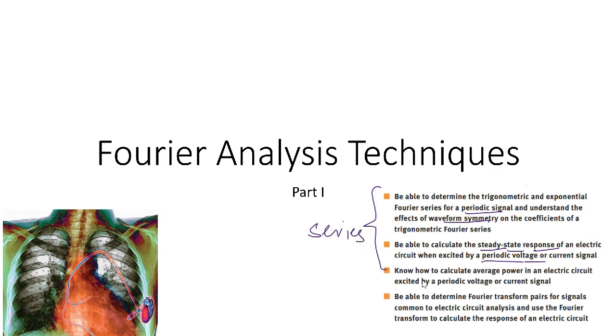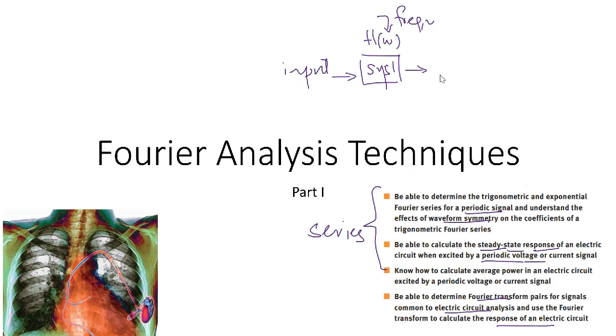And then in the end we would be able to determine the transform pair of signals that are common to our electric systems and use the Fourier transform to calculate the responses of an electric system. So we have a system, let's say this is our system, we have some input and we have some output. So we can study the response of this system in terms of frequency for some defined input.